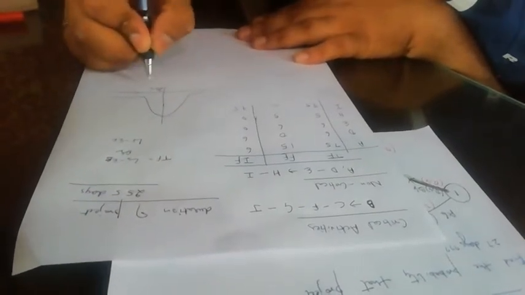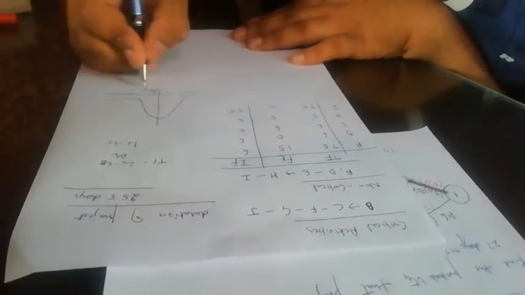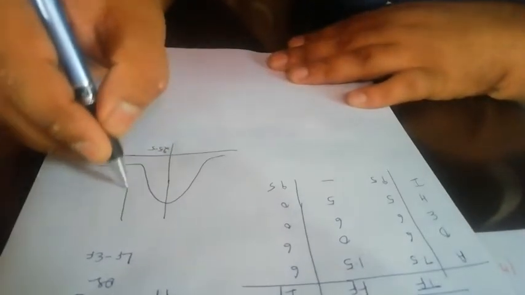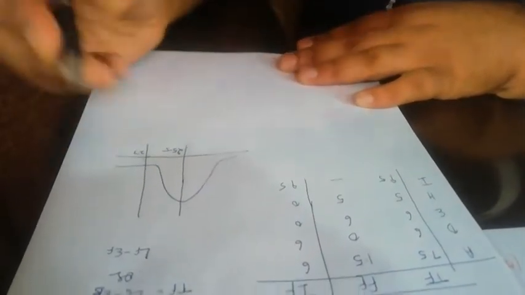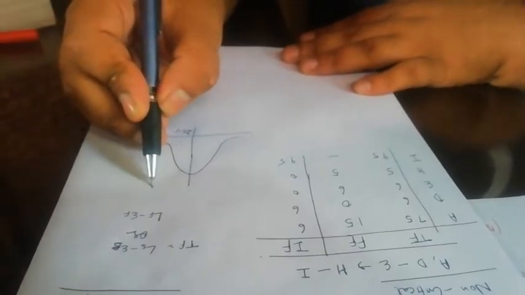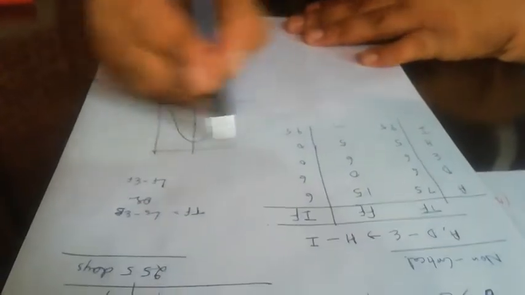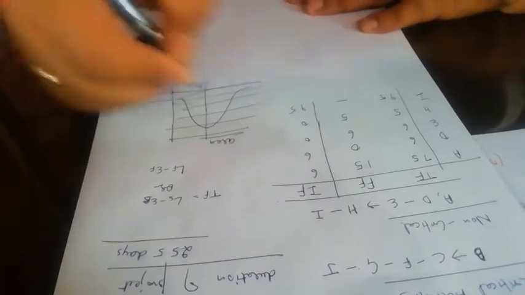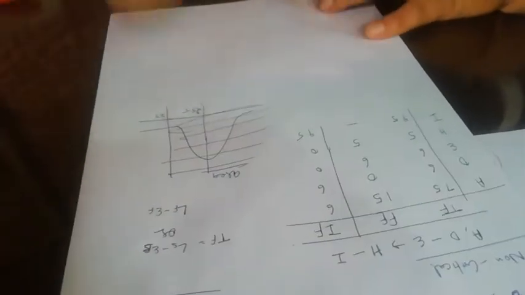So 27 lies on the right hand side because this is 25.5. So this becomes our 27. Now we want to find the probability of 27 or less, completed by 27. So that means we want to find this area, and area is none other than your probability.